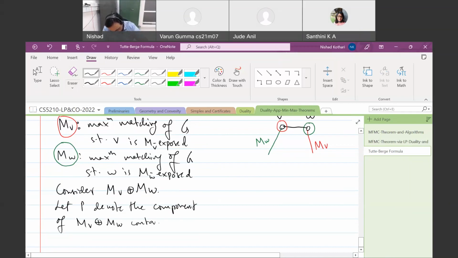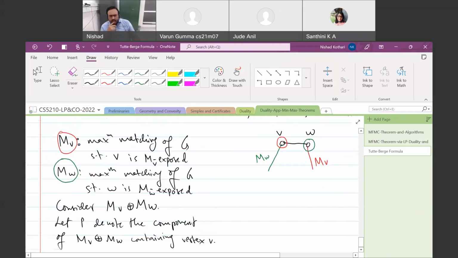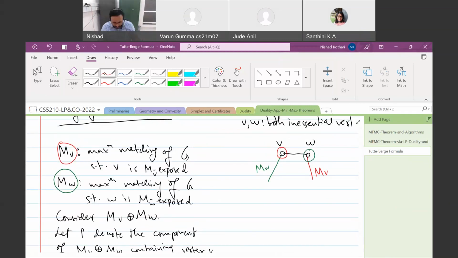Containing vertex V. So what does this component look like? Well, it's a red-green component. So you could have a red edge, you could have a green edge. It will have to stop somewhere. It is going to be a path, and it will stop at some exposed vertex.